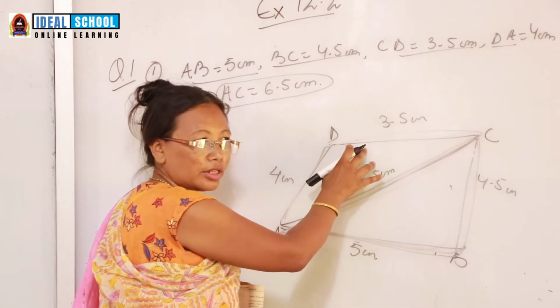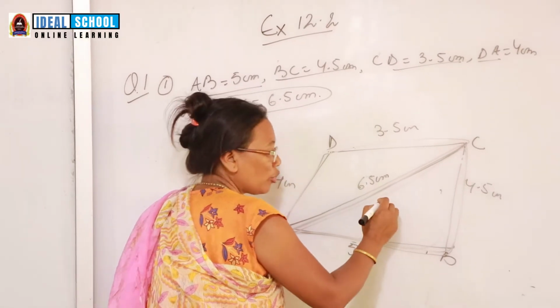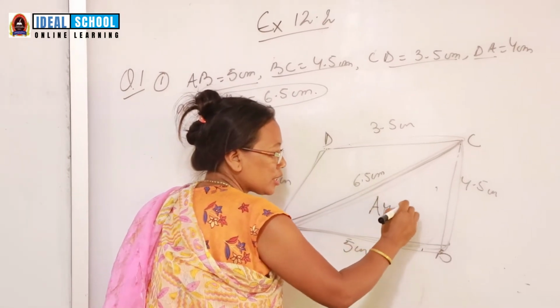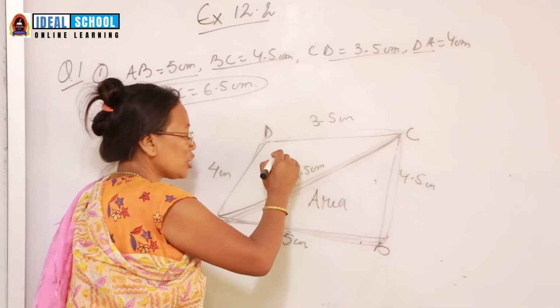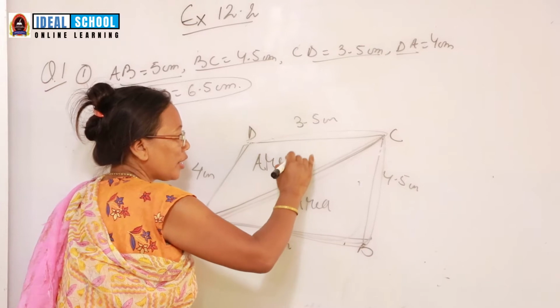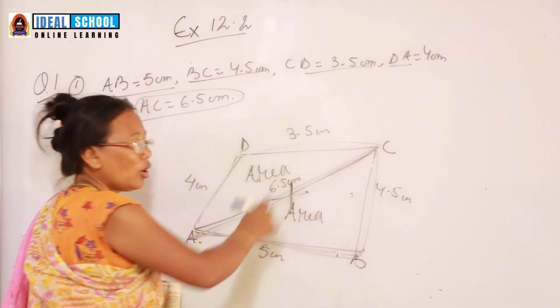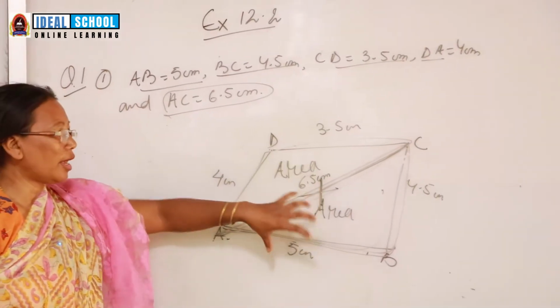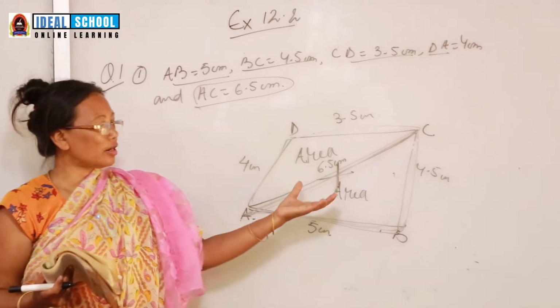Separately we are going to find the area of triangle ABC, and secondly the area of this triangle. After that we are going to add them together. After adding together, we will get the area of this quadrilateral. Can you understand? I think all of you can understand.